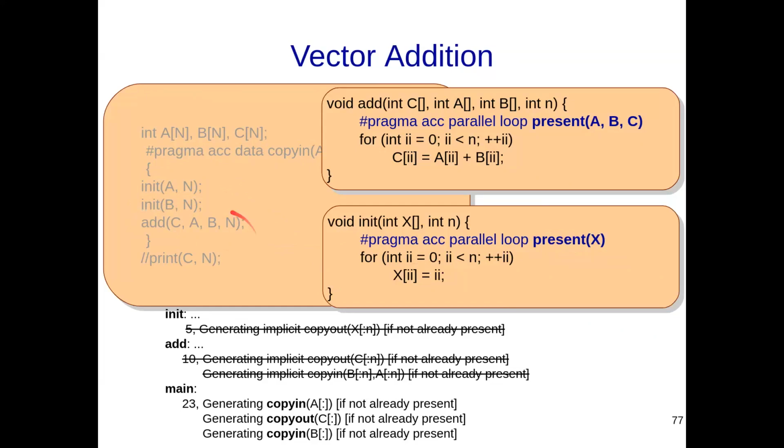When we reach add, at that time I also specify that all these ABC matrix vectors are already present on the GPU, and therefore you don't need to think of checking if it is already present or not. That is going to help you reduce this communication to exactly what you would have otherwise done if you had written this manually.